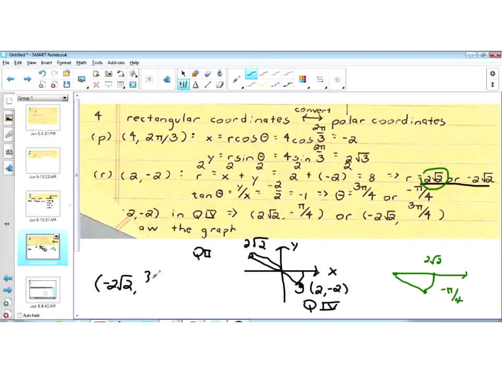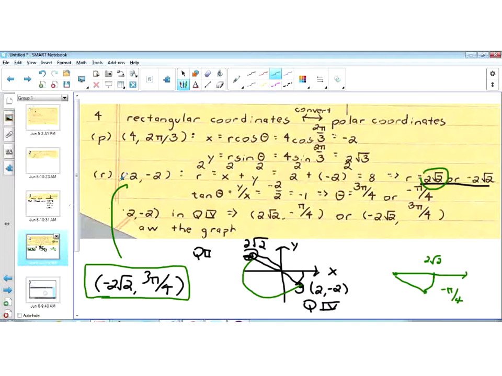We would have to negate the abscissa. And you remember when you negate the abscissa of a polar point, you take the terminal point right here, and you rotate it pi radians. So if we rotate this pi radians, we come back around here. So this would be your choice for another polar point representation for the rectangular point.